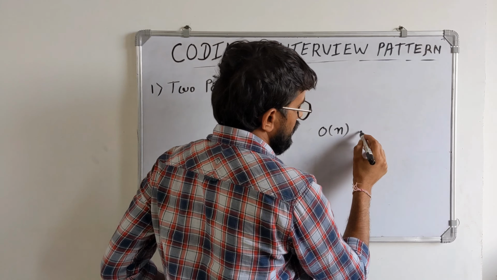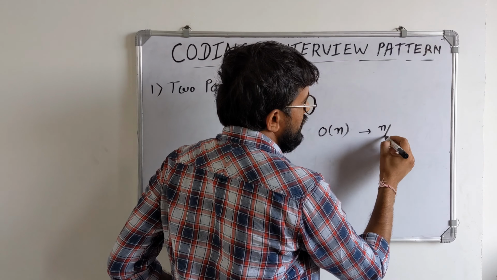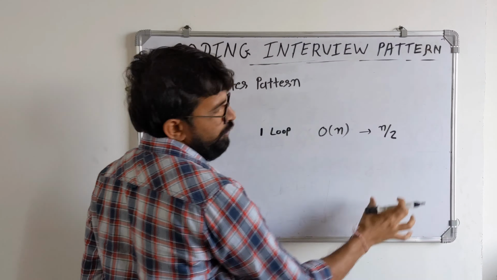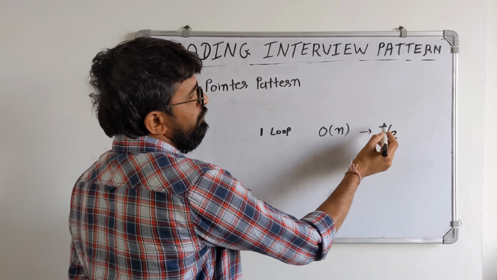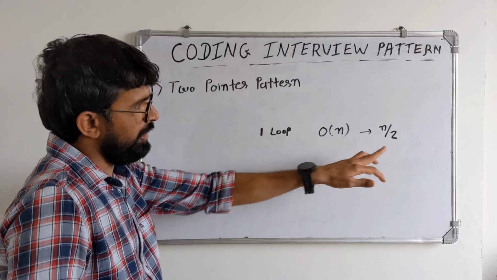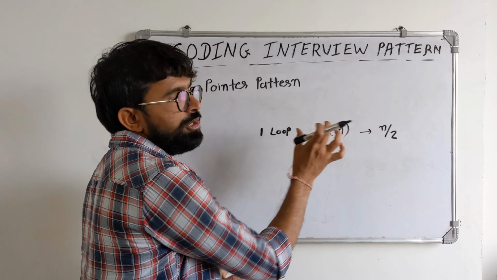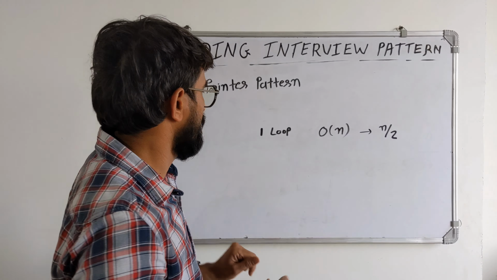Even though we only traveled n by 2, because both pointers were moving, overall the time complexity was big O of n.